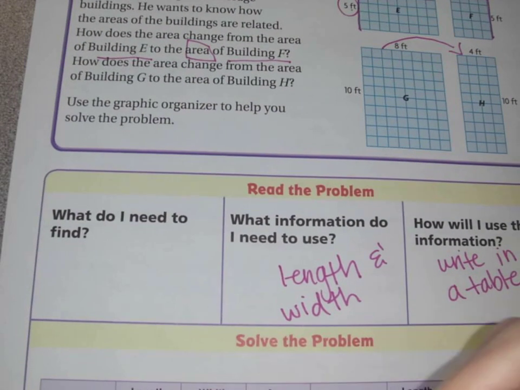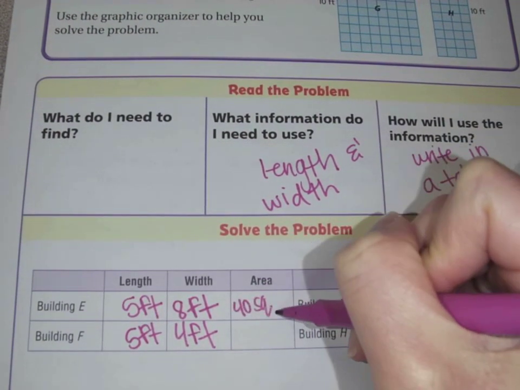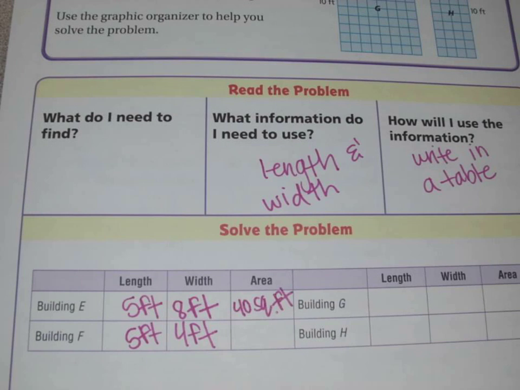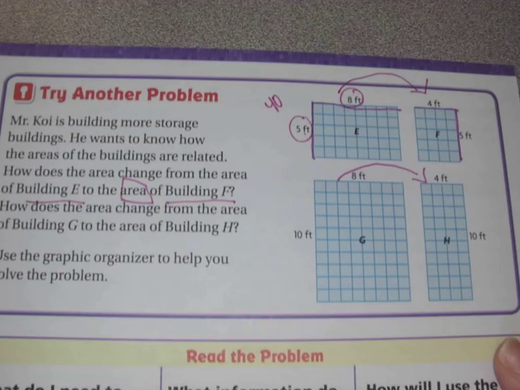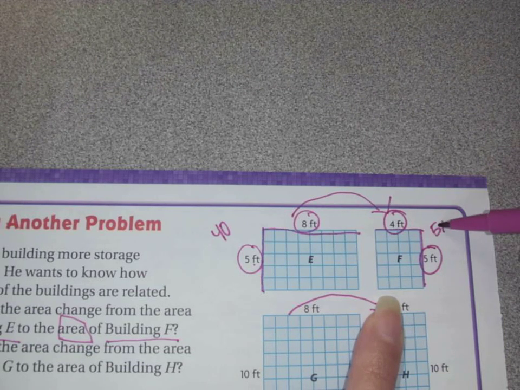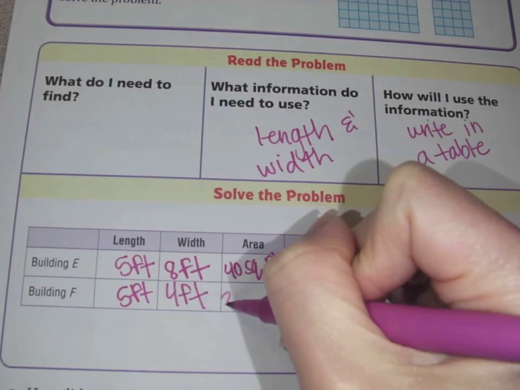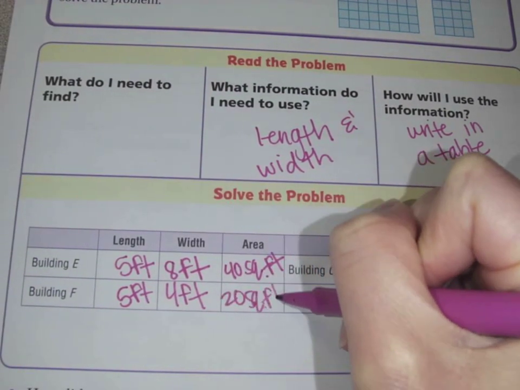And how I would write the area is 40 square feet. And let's figure out area for building F. Again, you multiply the side lengths, length times width. 5 times 4 is 20. So the area for building F would be 20 square feet.